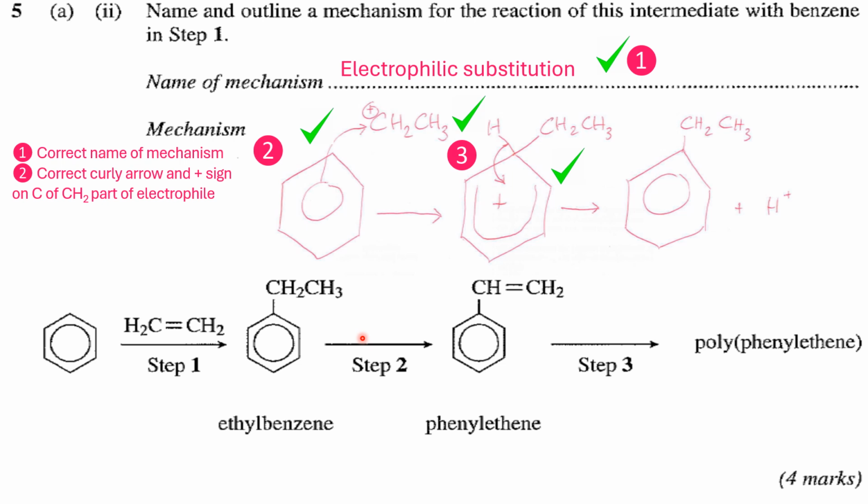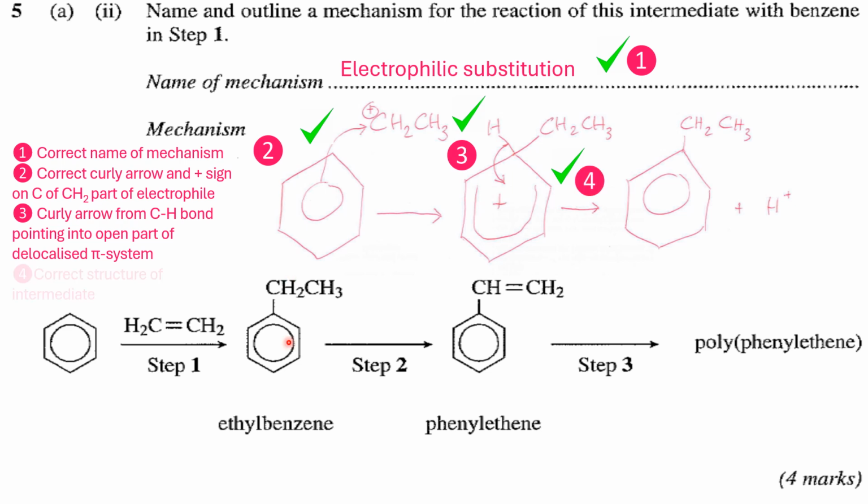Now the third mark comes from the curly arrow from the C-H bond, pointing into the open part of the delocalized pi system. So the curly arrow starts at the C-H bond and it points into the open part of the partially delocalized pi system, which is this U shape with a positive sign inside it.